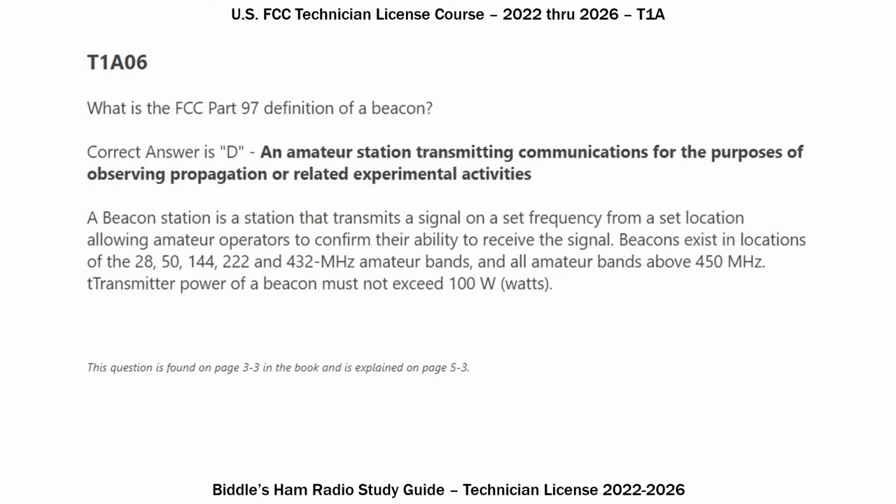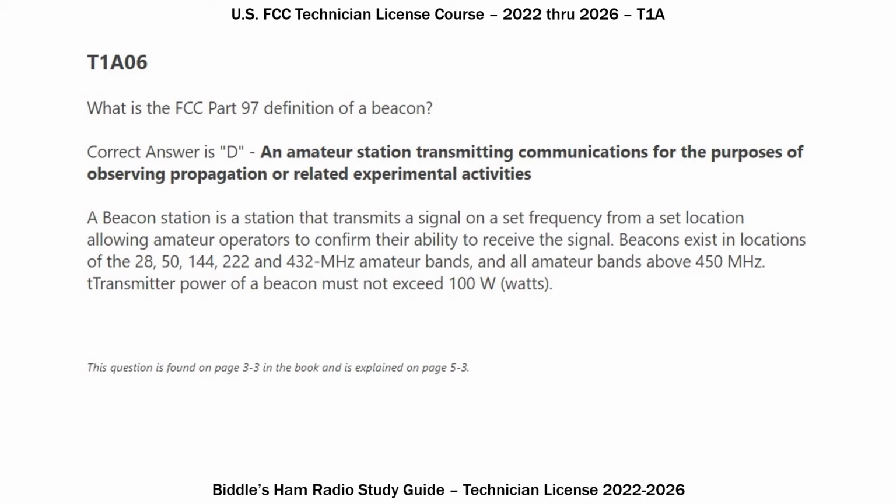Okay, a beacon station is a beacon that transmits a signal on a set frequency from a set location, allowing amateur operators to confirm their ability to receive the signal. Beacons exist in locations of the 28, 50, 144, 222, and 432 megahertz amateur bands, and all amateur bands above 450 megahertz.